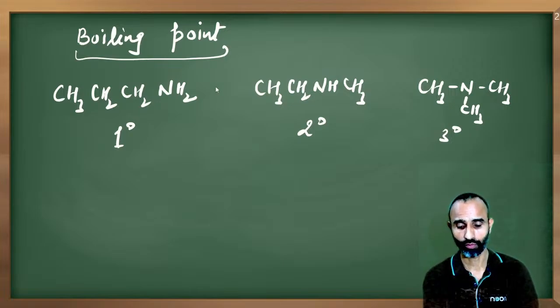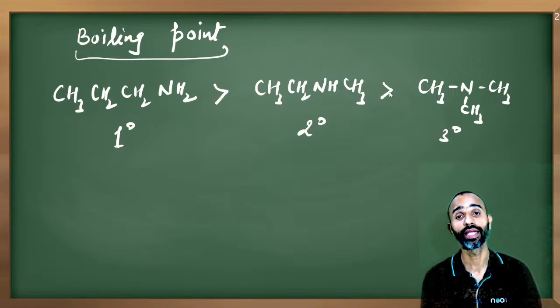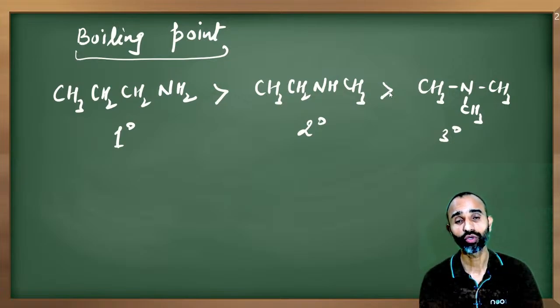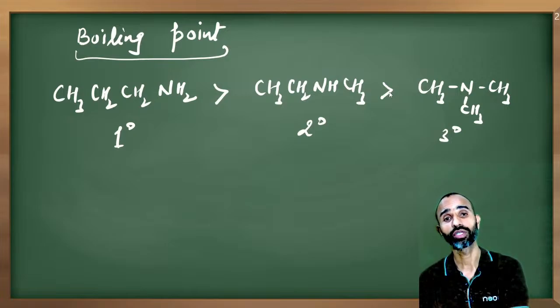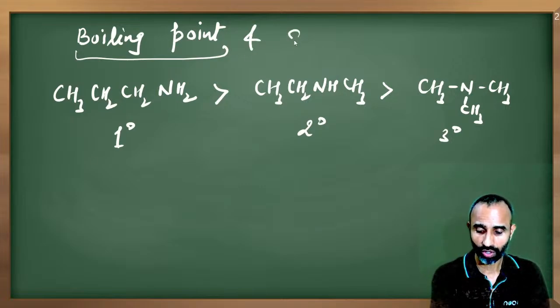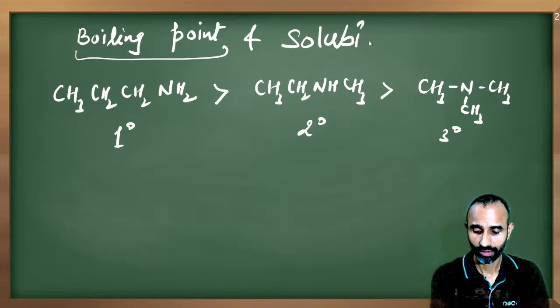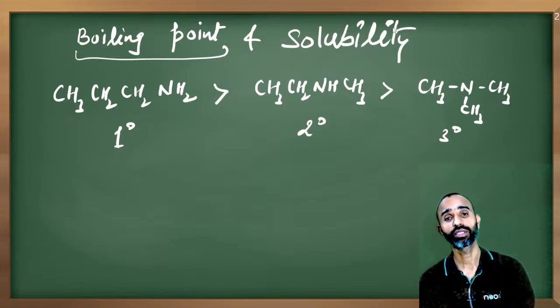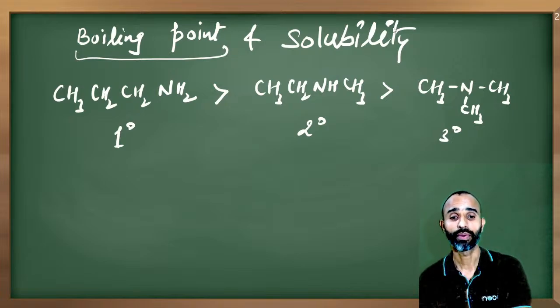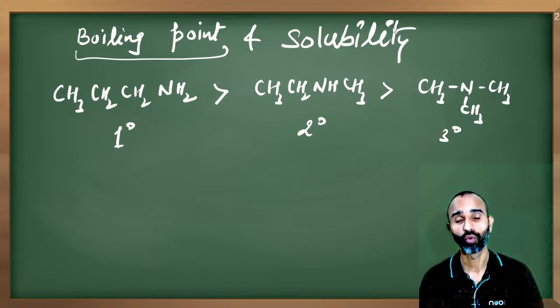So boiling point of primary amine is more than secondary, which in turn more than tertiary. Why is it so? Because in primary amine there is more number of hydrogen bonds than secondary and tertiary. Same is the order of solubility. Primary amine is more soluble than secondary than tertiary because primary amine can form more number of hydrogen bonds with water.